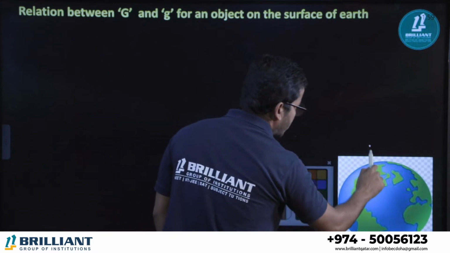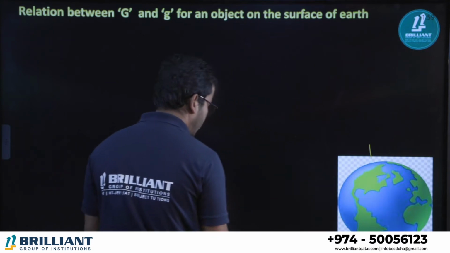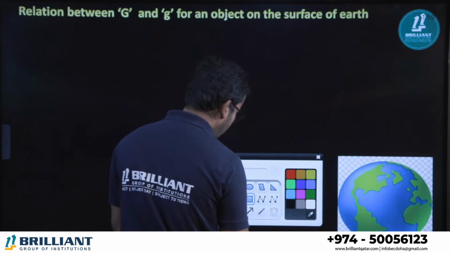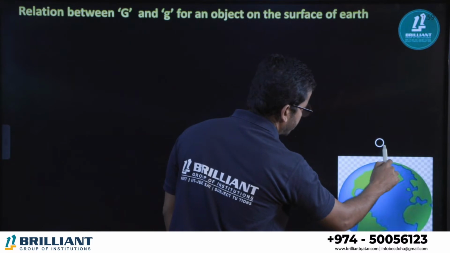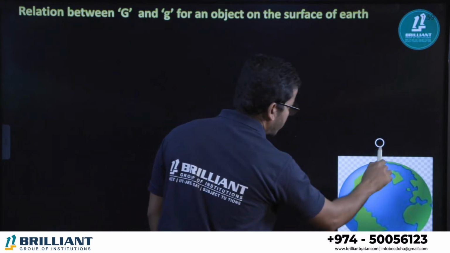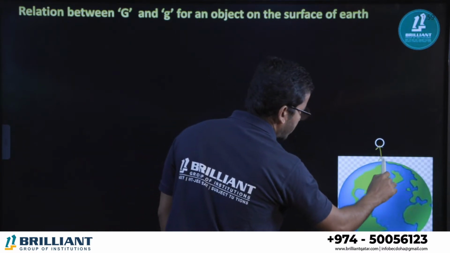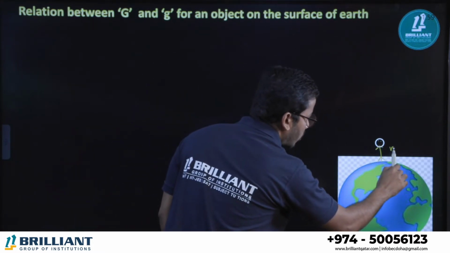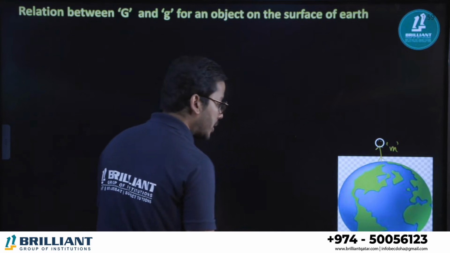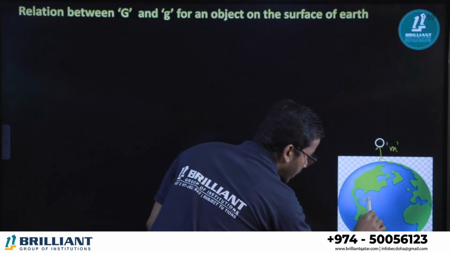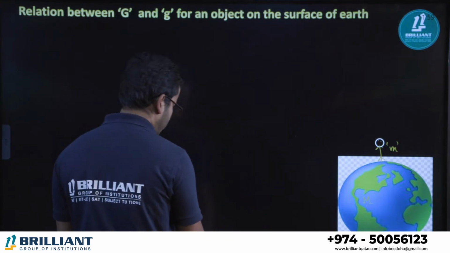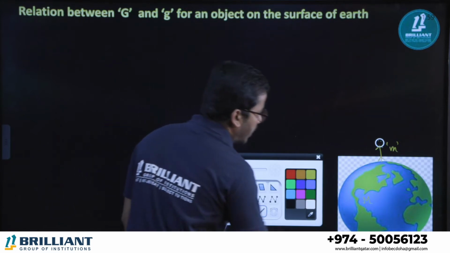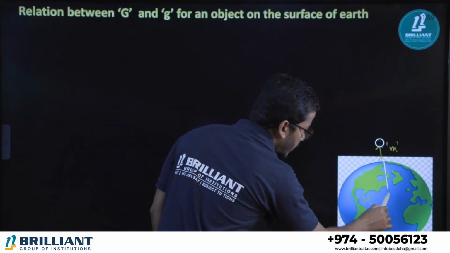Let me consider an object, or let me take back Ahmed, right? Let me take him back where he was, on the surface of Earth. Let me consider the mass of him to be small m, and the mass of Earth to be capital M. And the distance between Ahmed and Earth will be its radius.